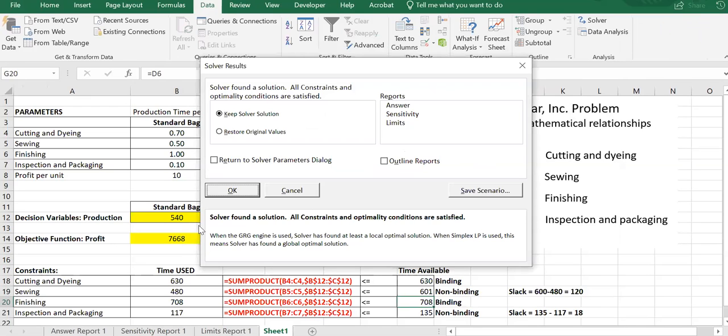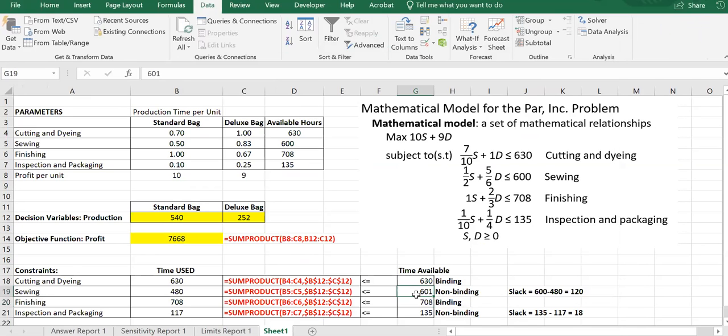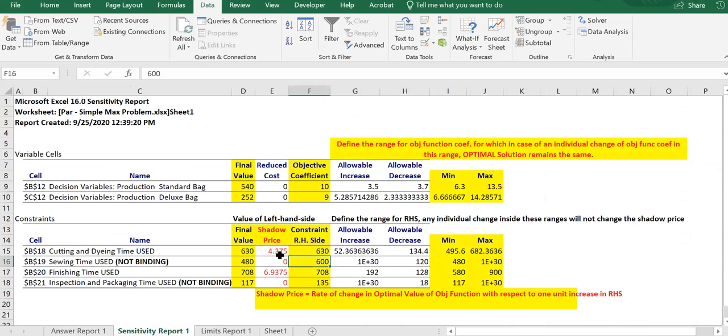And in this case, your decision variables are not changing as well, right? Okay, and let me just bring it back to 600. So for non-binding constraints, they're not going to change. For this one, that is a binding constraint, we just said that the objective function is going to go up by this much, 4.37.